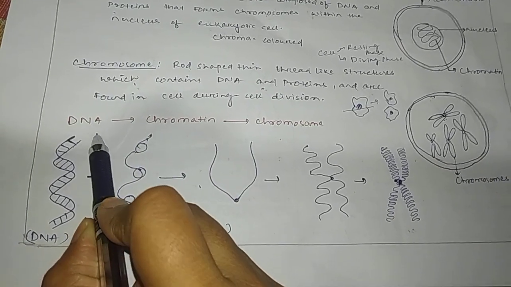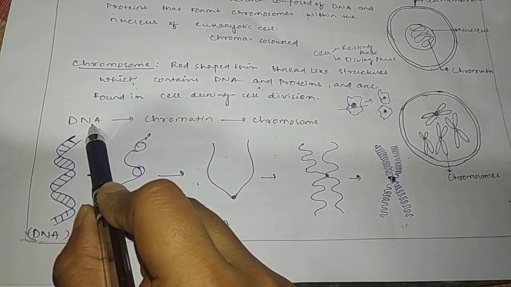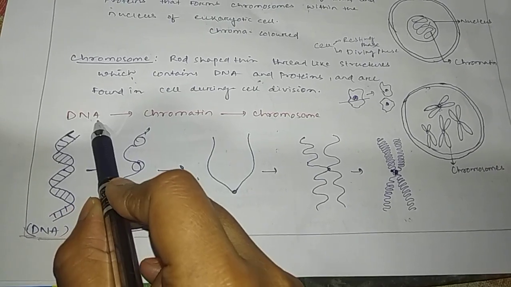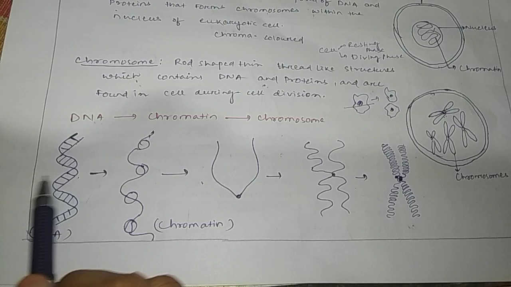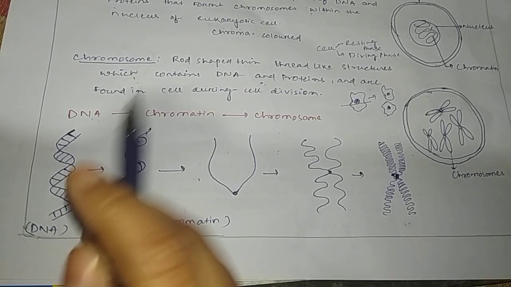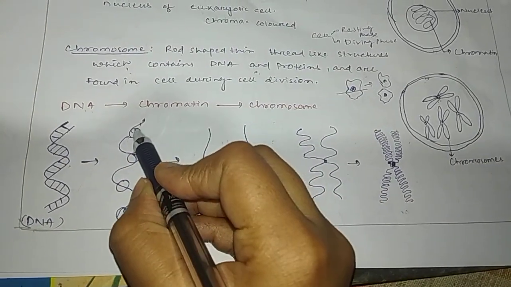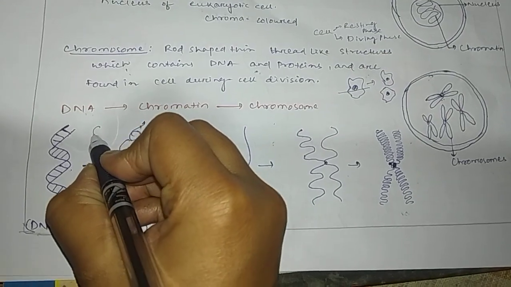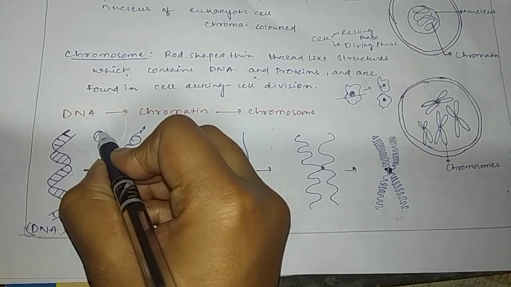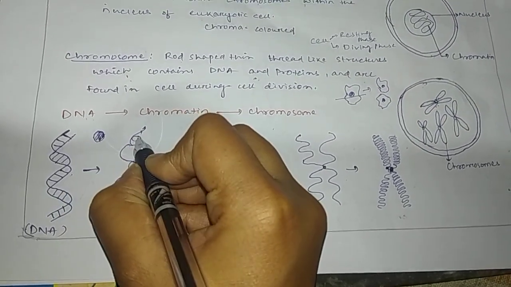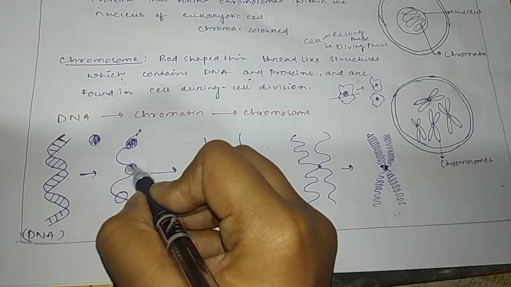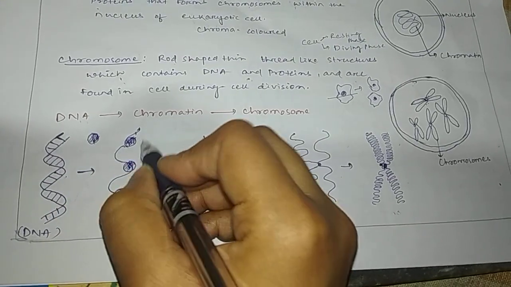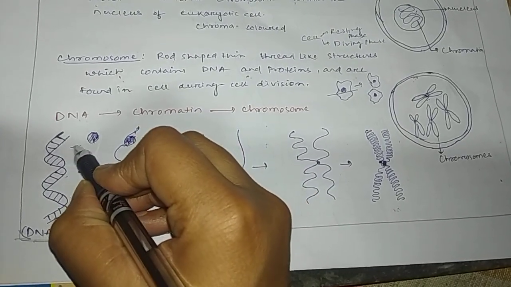Here you can take the example. As you know, the DNA is present inside the nucleus of the cell. This DNA structure is somewhat like this, and this DNA again folds into a thread-like structure. There will be certain proteins, like I have drawn here, and these DNA molecules get wrapped around these proteins.